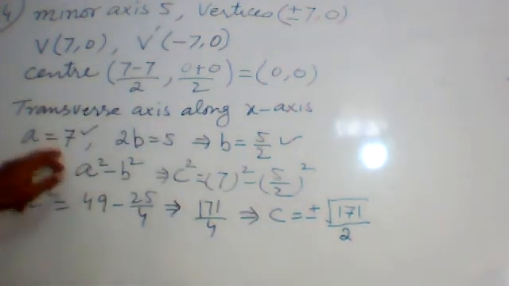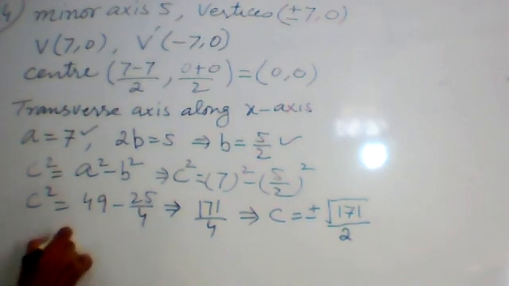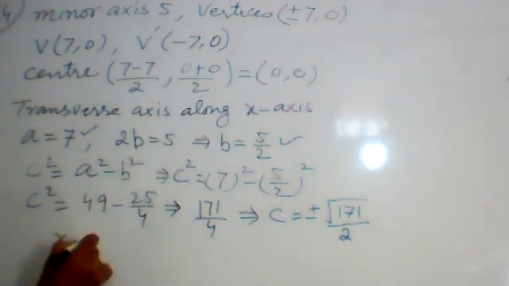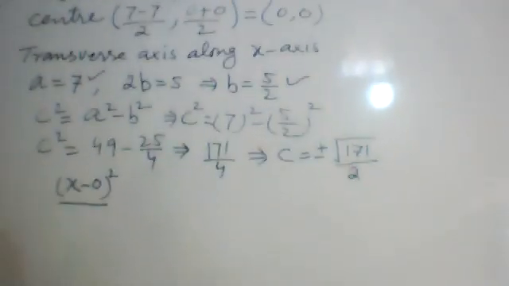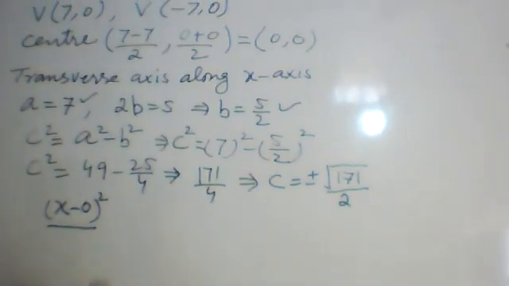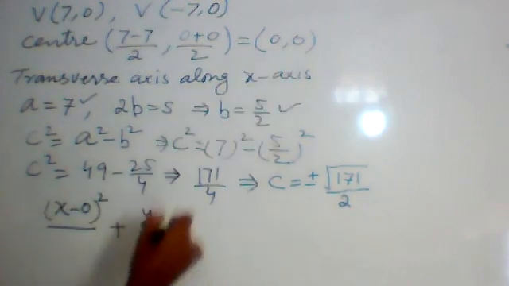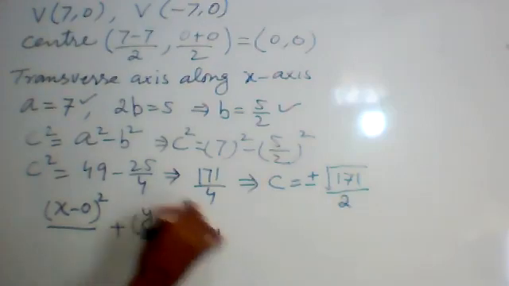So the value of a is known, the value of b is known, the value of c is known. So we will find the equation: (x minus the x coordinate of the center) square upon a square, plus (y minus the y coordinate of the center) square upon b square, equal to 1.